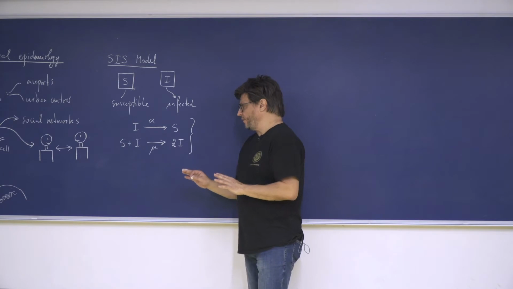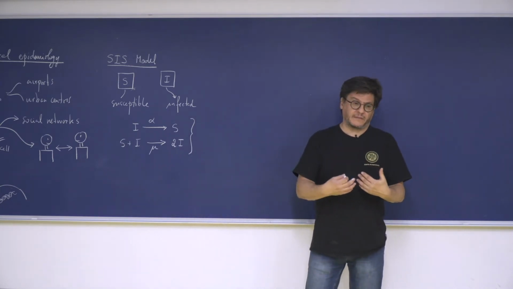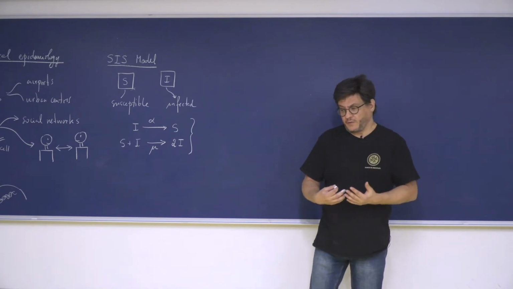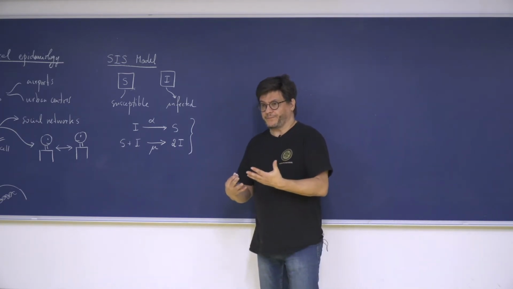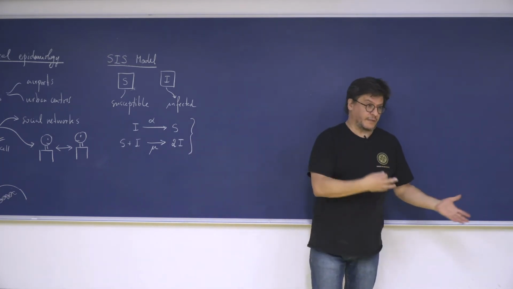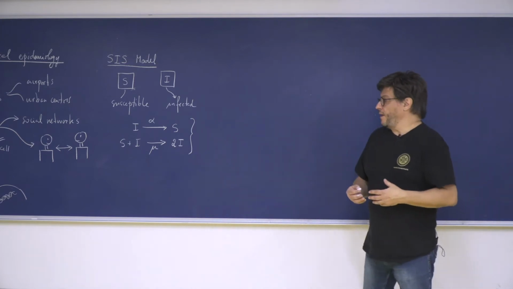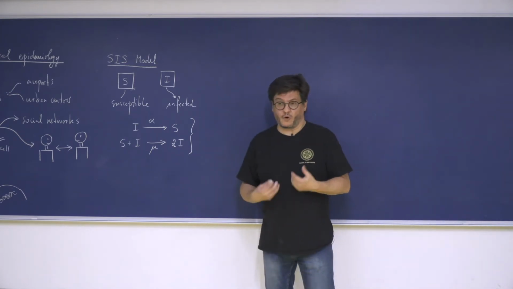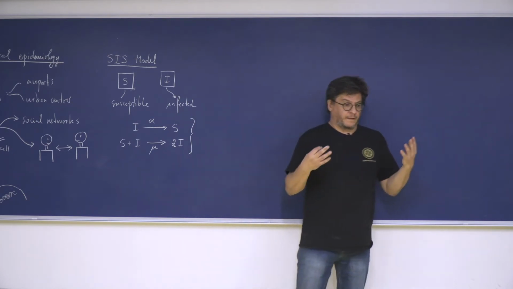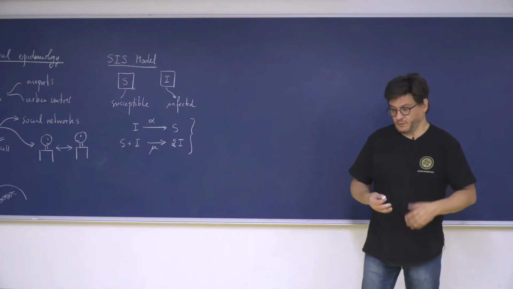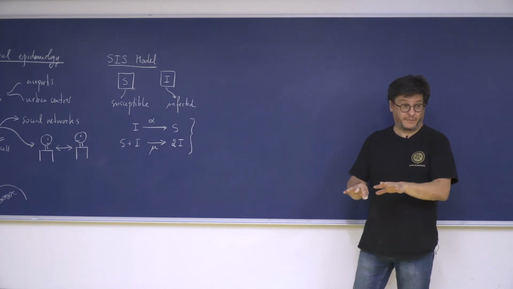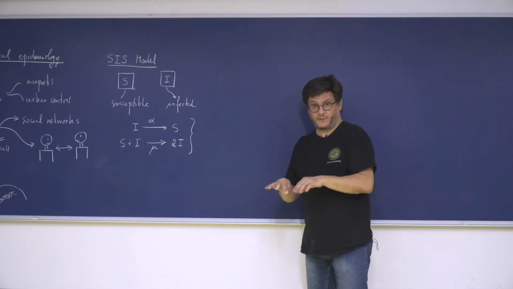We are not going to assume that. And the more complex the description, the more compartments you need to add. For example, if you want to make a model of Ebola, then you have to include not only infected and susceptible and those that got infected at some point and are immunized, you need to consider also corpses. Because for a long time, people went to the funerals and touched the dead bodies, which were infecting people. So it's a compartment that you have to take into account.